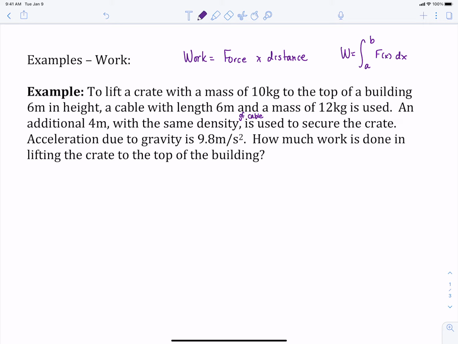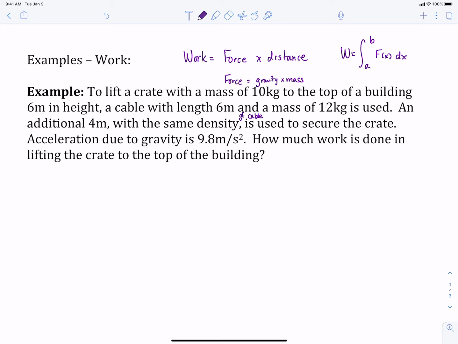Acceleration due to gravity is 9.8 meters per second squared. So that's part of what we have to work against when we're pulling this up. And force is going to be your gravity times your mass, because the force that you need to move an object is you've got to push against your gravity and you've got to push against mass.